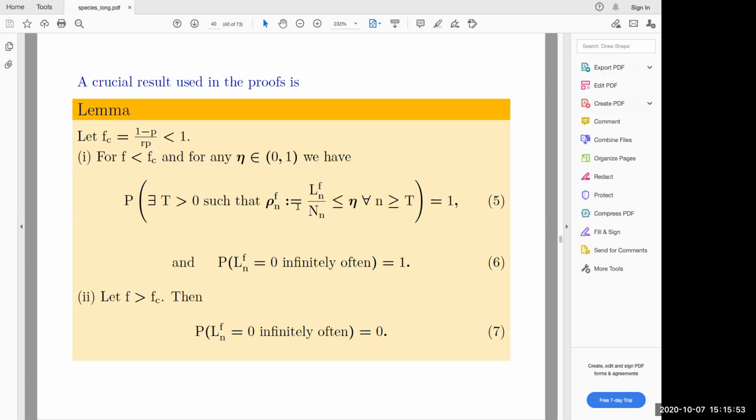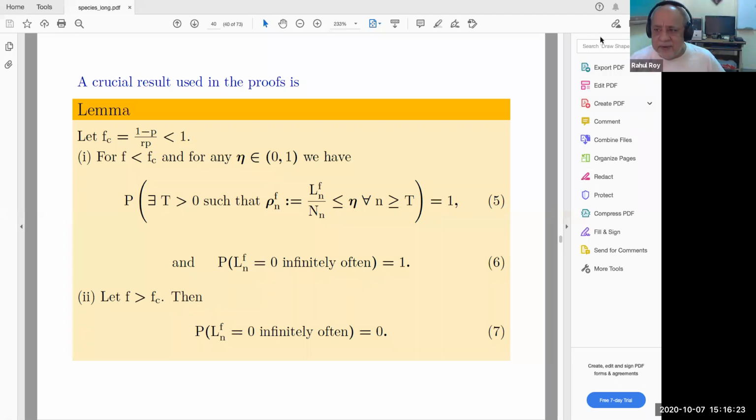Rahul is here. I guess it was very simple, so there's no questions to ask.